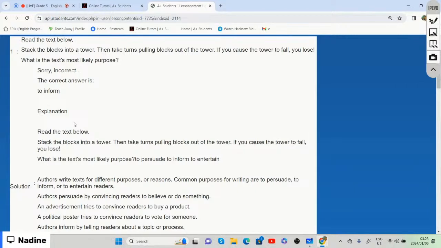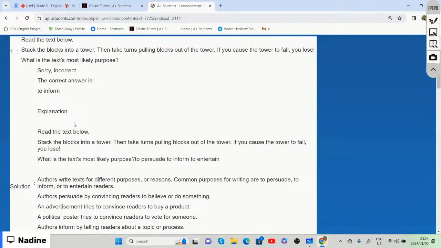Stack the blocks into a tower. Then take turns pulling blocks out of the tower. If you cause the tower to fall, you lose. So if we read that again, it says stack the blocks into a tower, then take turns pulling blocks out of the tower.